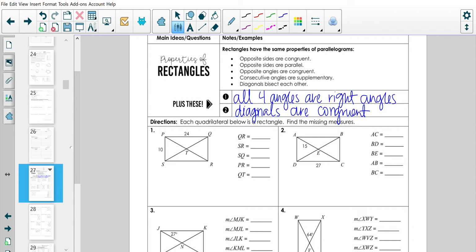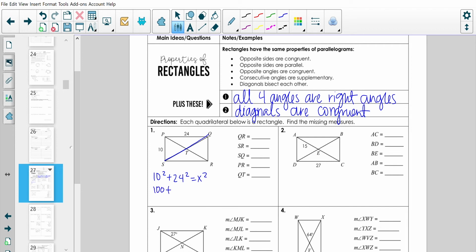To find SQ, we know the two sides of this right triangle. We need to find the hypotenuse. So how do we do that? 10 squared plus 24 squared equals length squared. 10 squared is 100.